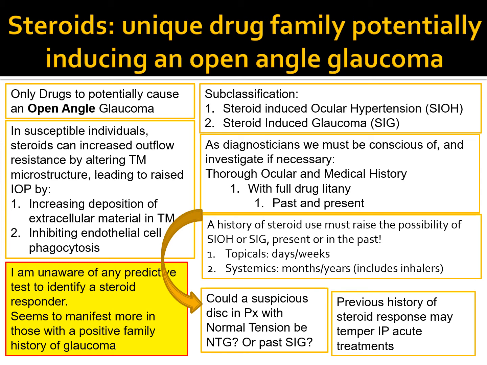And there are stories of people being treated as normal tension glaucoma when they actually never had it anyway. So previous history of steroid response may also temper how we treat things. So for instance, if you happen to know someone's a steroid responder, it may change what you do in the community as far as treating with a steroid for certain inflammatory problems. Or maybe if you're confident enough, you'll treat it, but give them an anti-glaucoma medication as well while you're doing the steroid treatment.